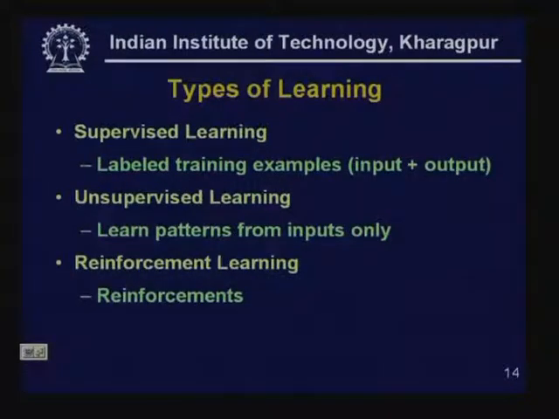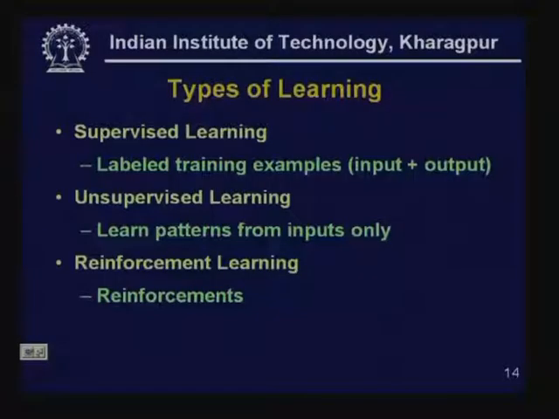There are many types of learning, and we can classify learning along different dimensions. In supervised learning, the system is given labeled training examples. These labeled training examples consist of a set of examples and their labels. So, we have the inputs and the outputs of the examples.